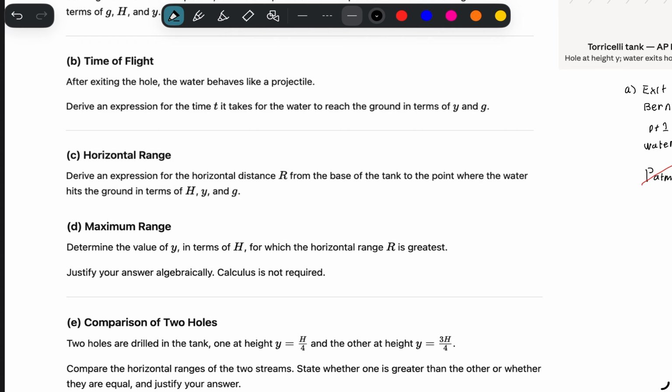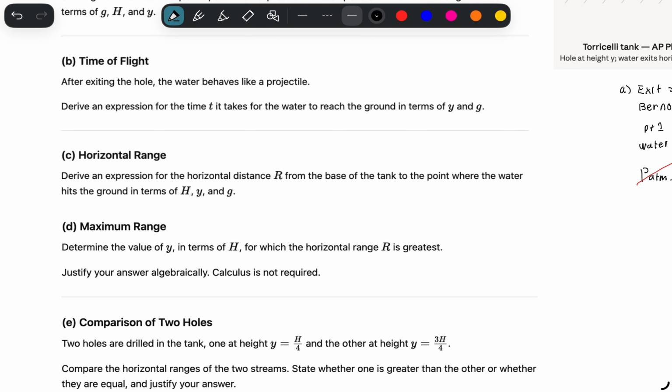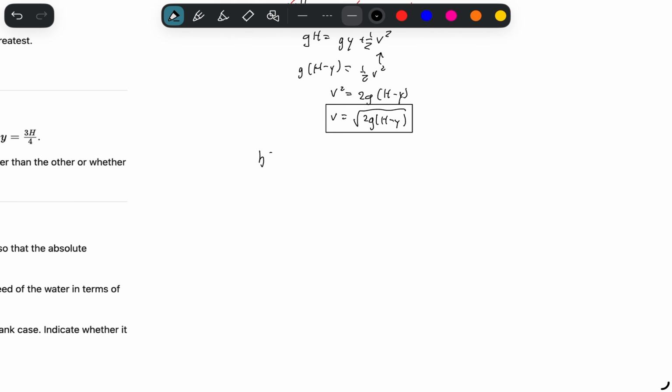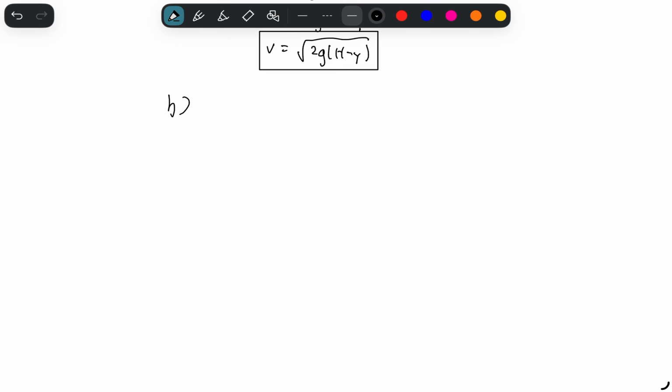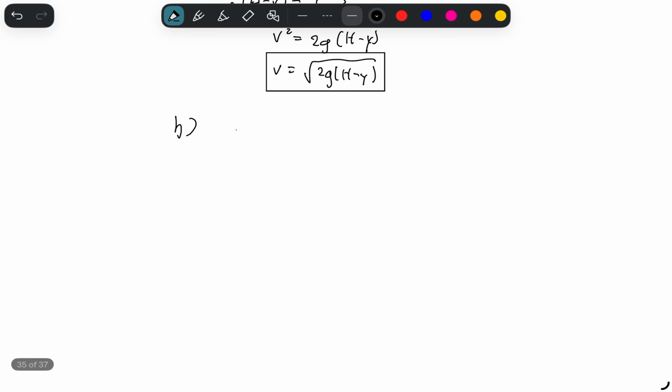So we want to find the time of flight. After exiting the hole, the water behaves like a projectile. Derive an expression for the time t it takes for the water to reach the ground in terms of y and g. And we know that's going to be a projectile.